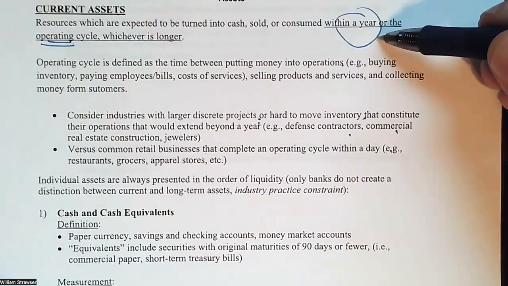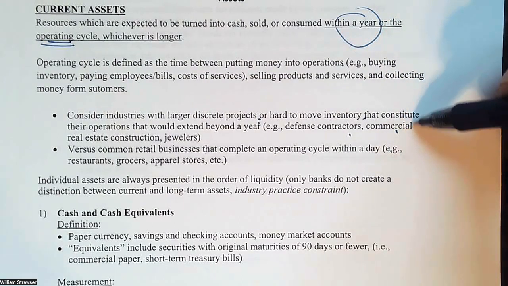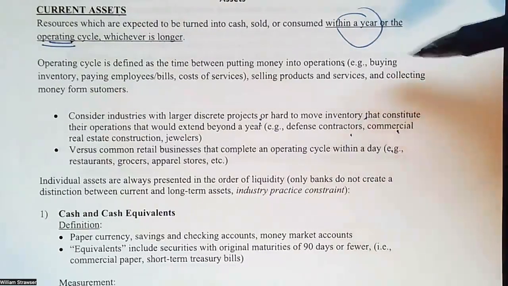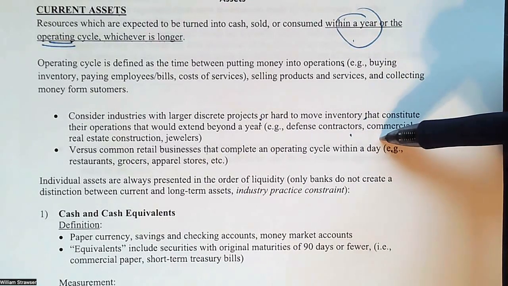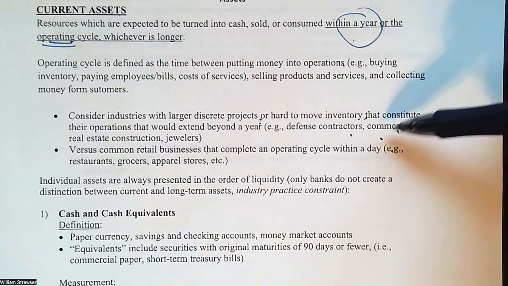That's the definition of current asset. And then these guys that take longer to complete an operating cycle, well, their current assets might take longer than a year to be sold. Again, in our class, we'll typically assume within a year, but just so you know, there are companies that can have inventory that takes longer than a year to move. It's still a current asset.